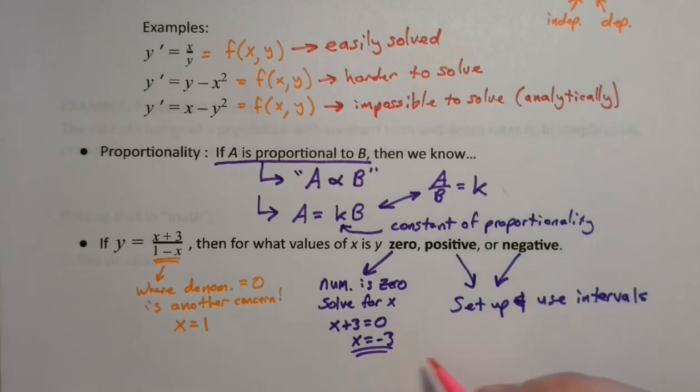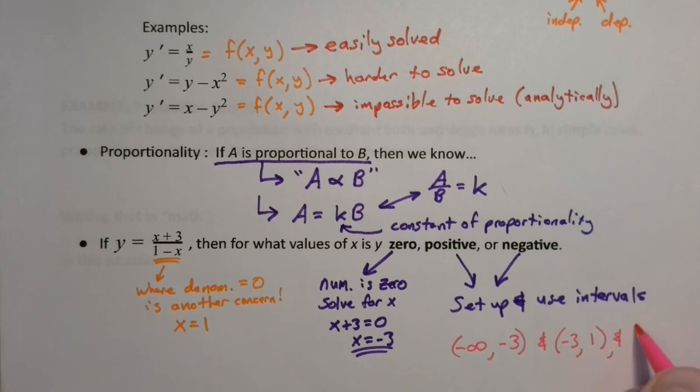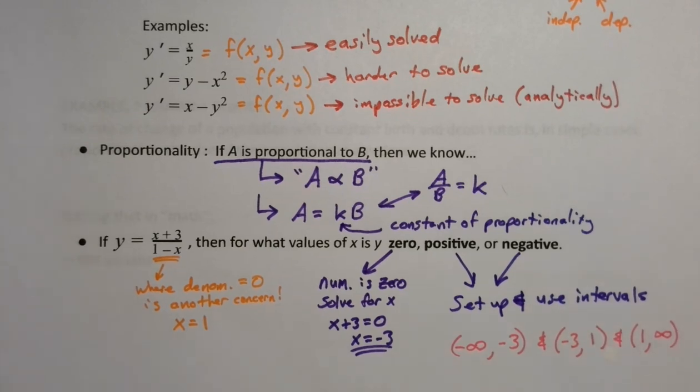I'm going to look at everything from negative infinity all the way up to negative 3. And then I'm going to look at everything from negative 3 all the way to 1. And then I'm going to look for everything from 1 to infinity. And if this looks vaguely familiar to you, it's because you've seen interval testing before in a couple of different contexts.